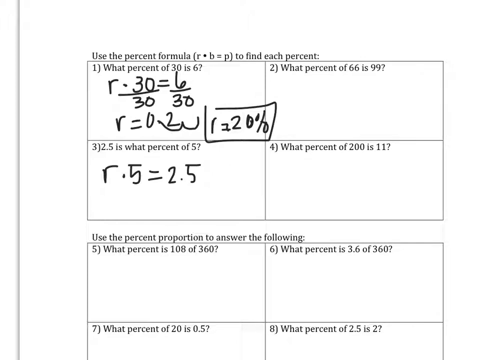We are going to divide both sides by 5. We get R equals 1/2, or 0.5. Turn that into a percent, which means move it over two place values, and R equals 50%.